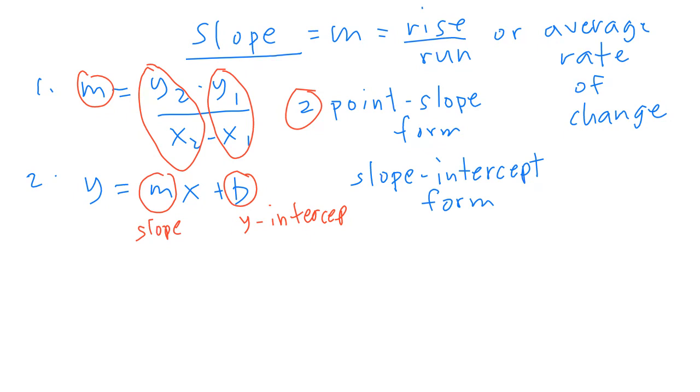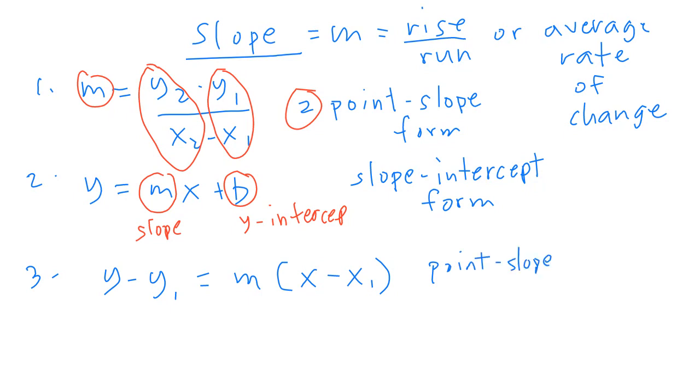And then the third one. The third one, you have y minus y1 is equal to m times x minus x1. So that's the third formula. And we call this the point-slope form.